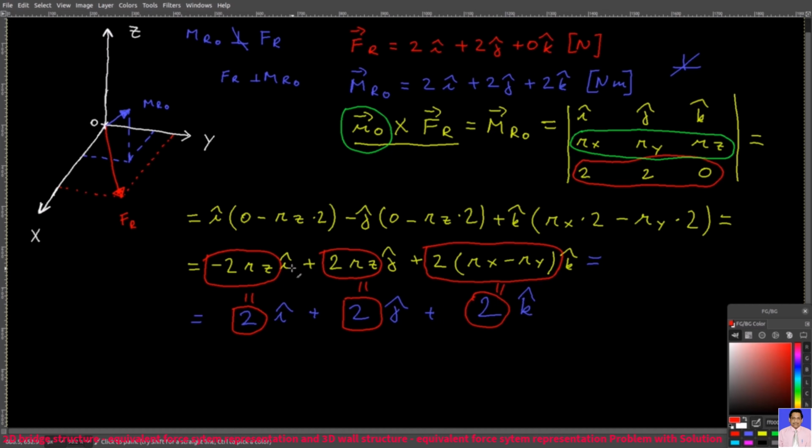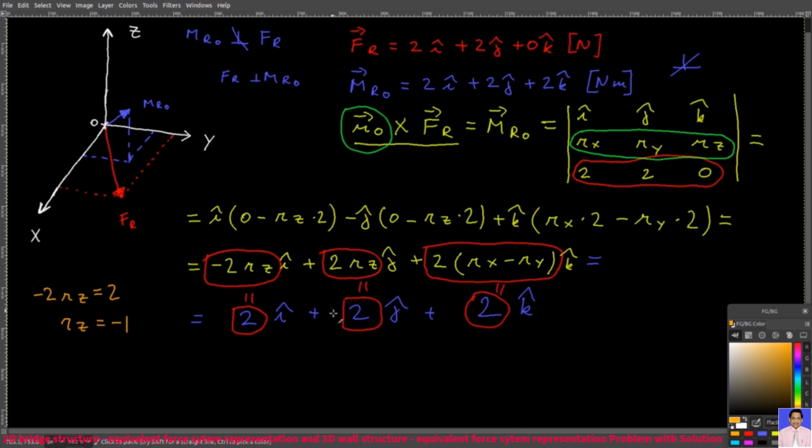And now you need to find the position vector components, your unknowns, Rx, Ry, and Rz. And so in the first case, we have minus 2 Rz equals 2. That's this case. It means that Rz equals minus 1.